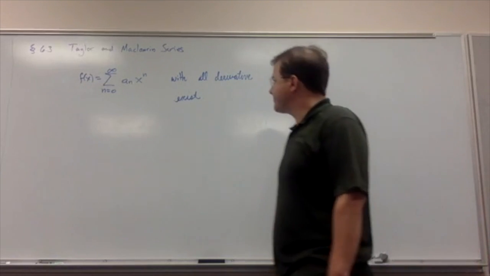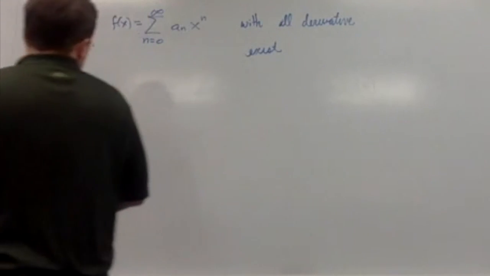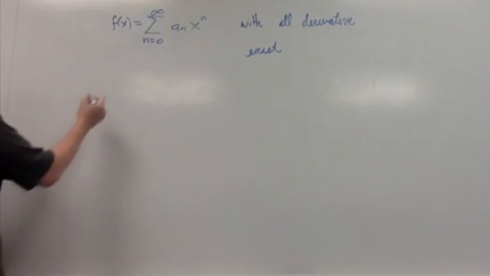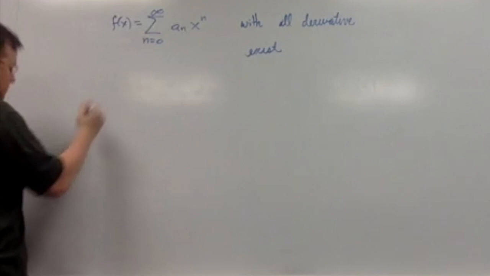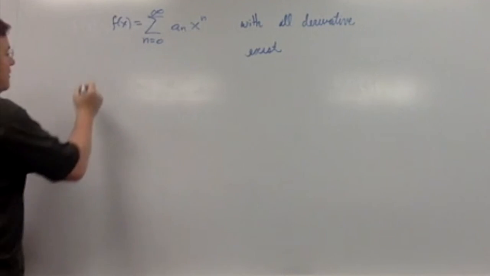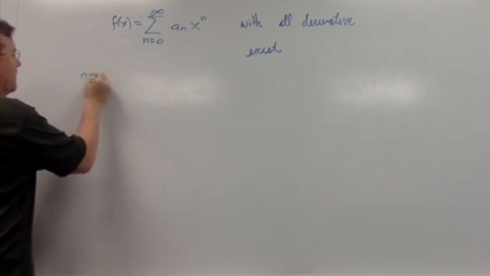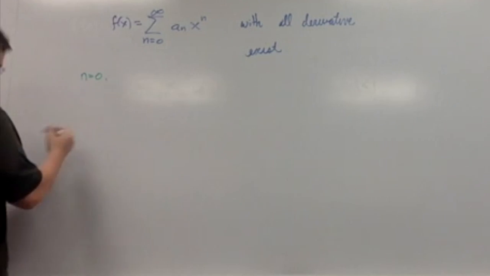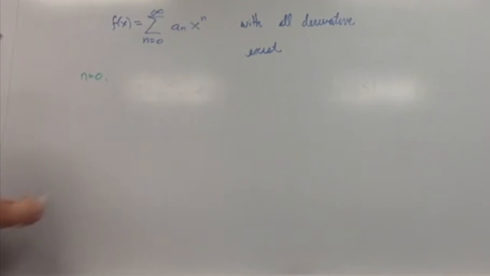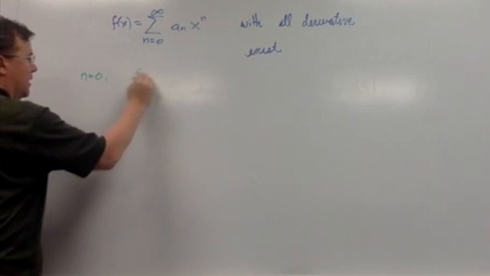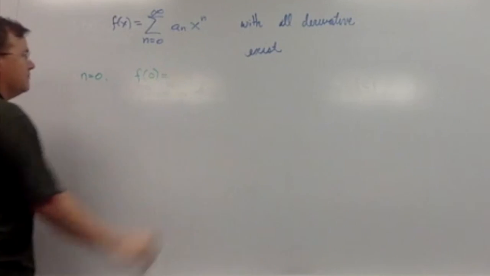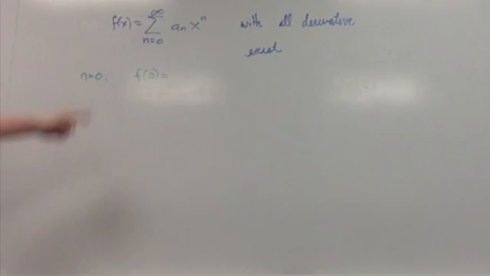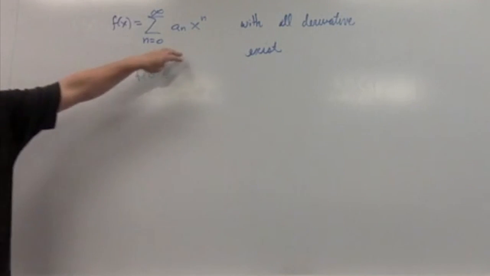All right, supposing the derivatives exist, I can see that if I plug 0 into this function, and I plug 0 into the power series, it's a little harder to see in this form.